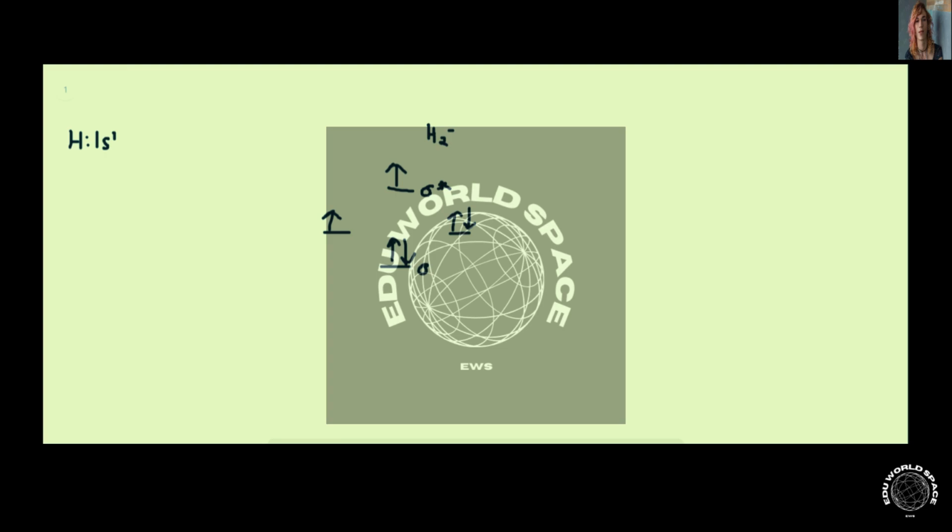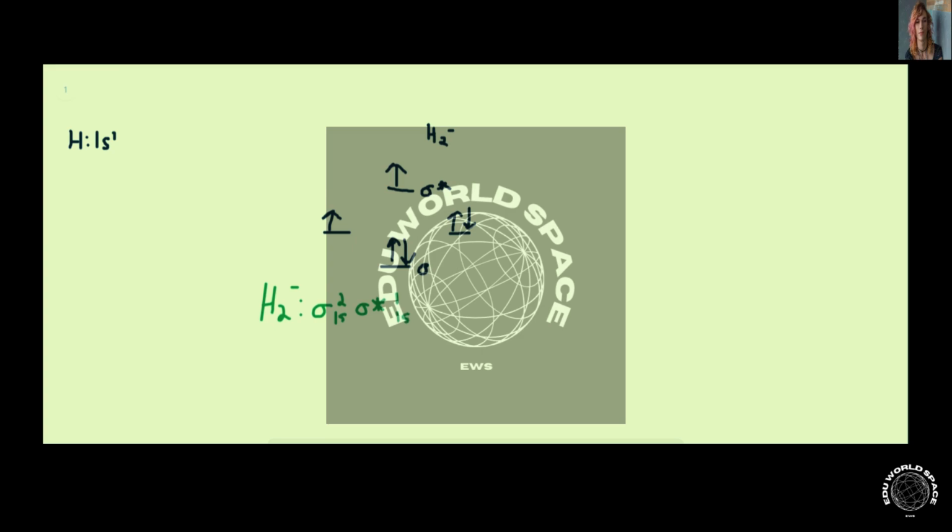So the electron configuration for H2 minus is going to be sigma 1s squared, sigma star 1s.